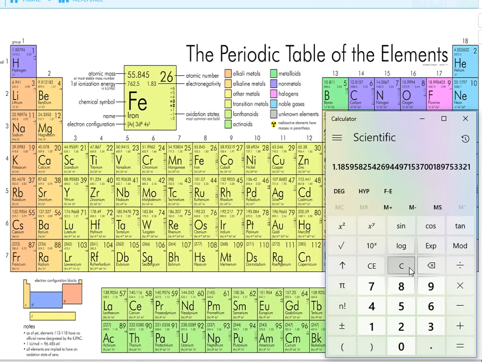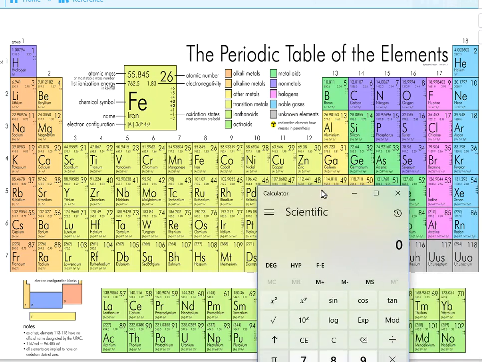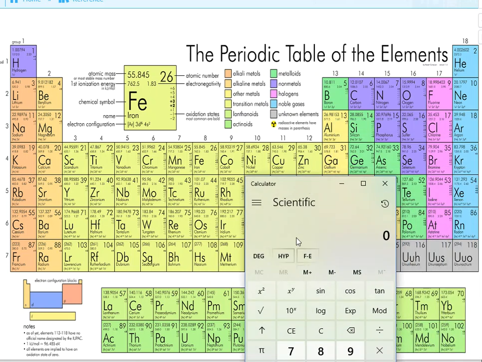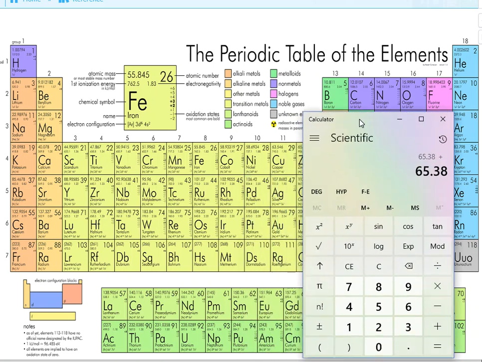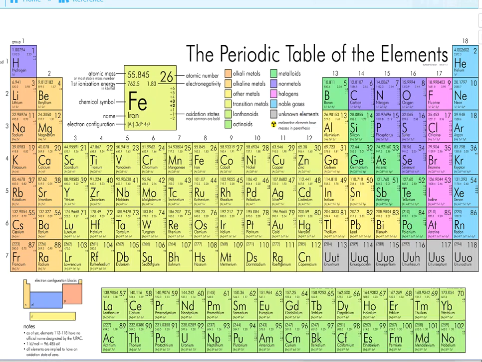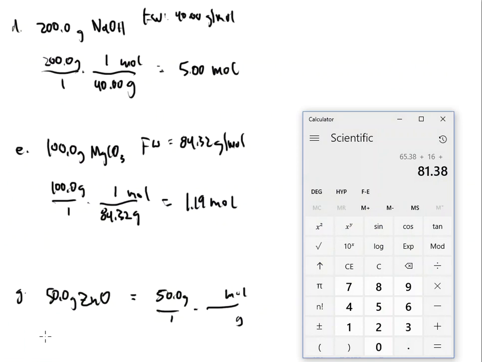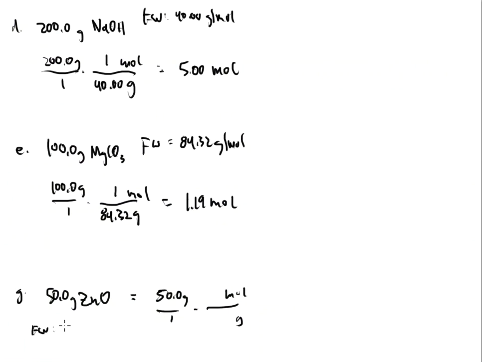So I need to find zinc. There it is at number 30. That's 65.38. And then I have 1 oxygen attached to that. So that's going to be a total of 16. And that's 81.38. So that's the formula weight. Formula weight is 81.38 gram per mole. So here's my gram.